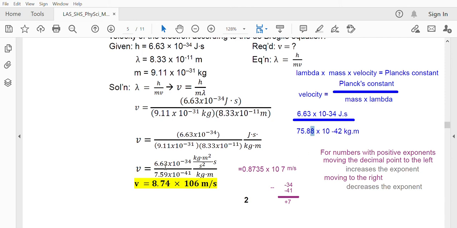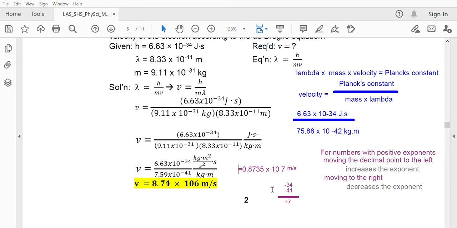Dividing this coefficient 6.63 by 7.59 is equal to 0.8735 times 10 to the 7 meters per second. Now, why is it again positive 7? Because when numbers with exponents are divided, the exponents are subtracted.